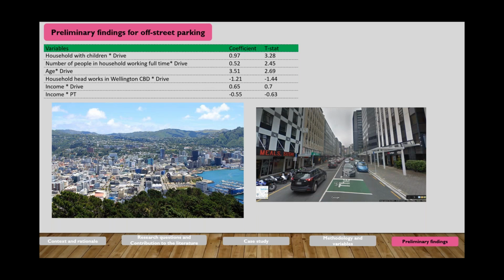Another point here is that income doesn't have a significant impact on commute mode. This is one of the interesting findings of this research so far, and it is in contrast with common ideas in parking studies.